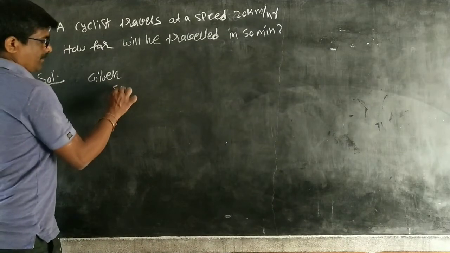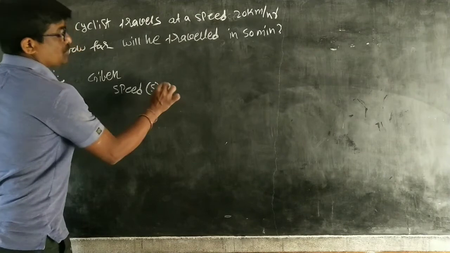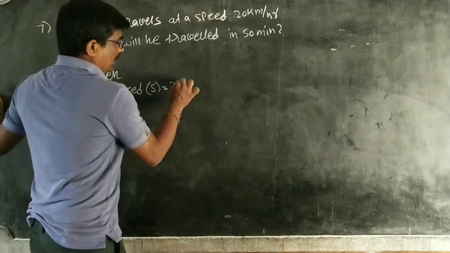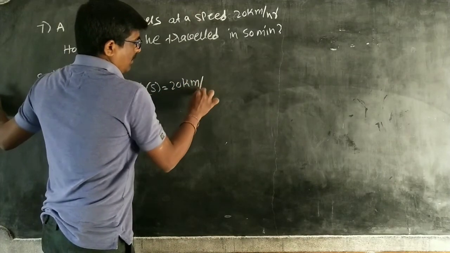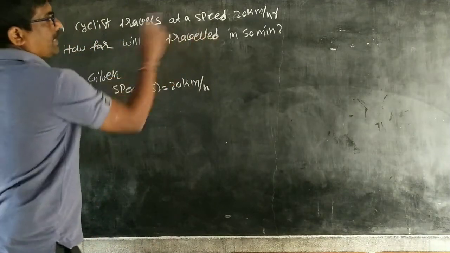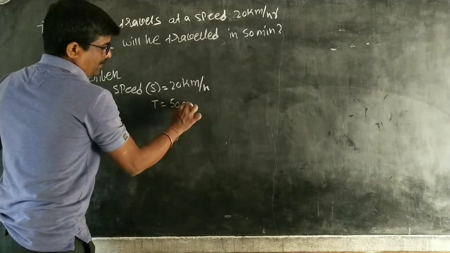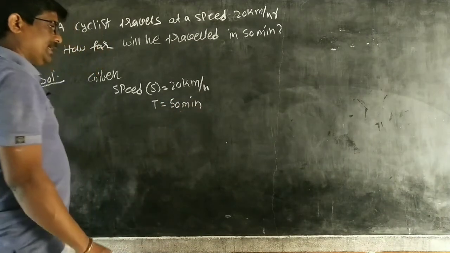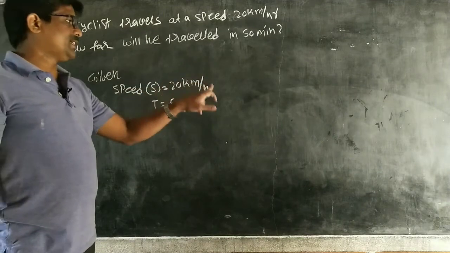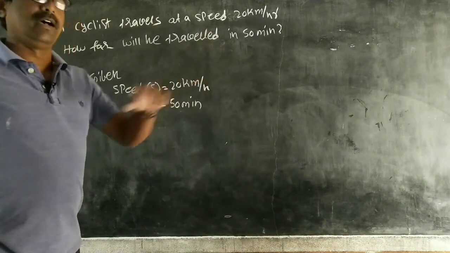Given speed S is equal to 20 kilometers per hour. Next, time is given: time t is equal to 50 minutes. Since speed is in kilometers per hour, I am going to change these minutes into hours.